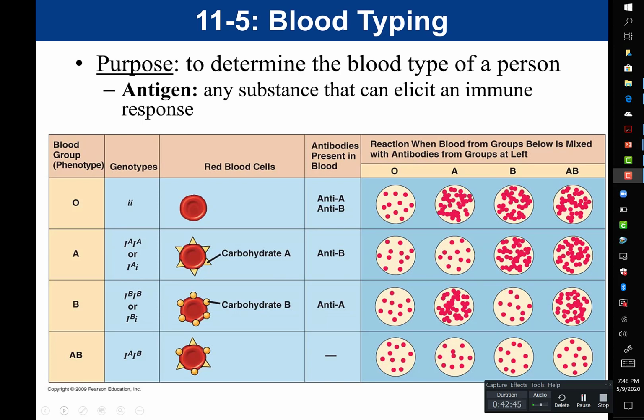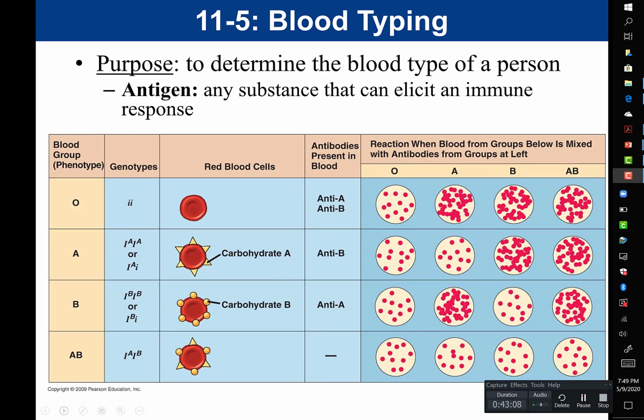Those are our 4 phenotypes. Now, phenotype or physical characteristic is determined by genotype, right? The genes that somebody has is going to dictate what their phenotype is. So let me walk you through how we determine somebody's blood type.